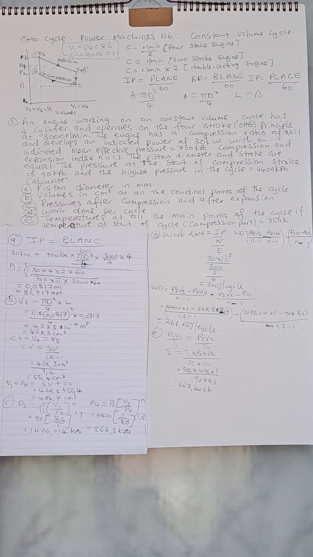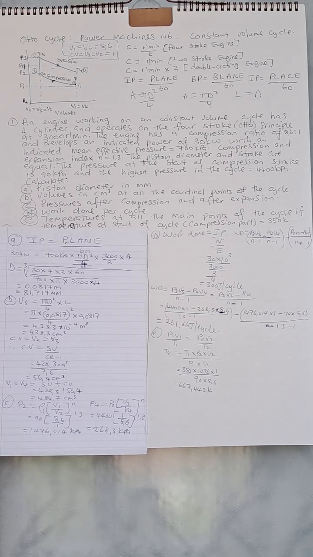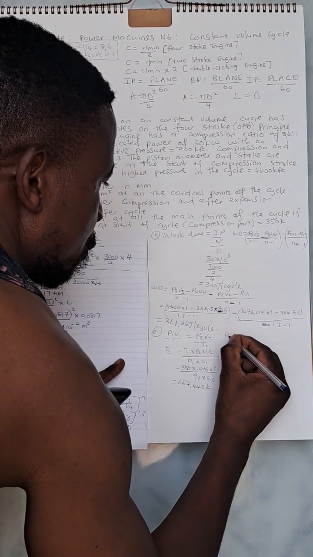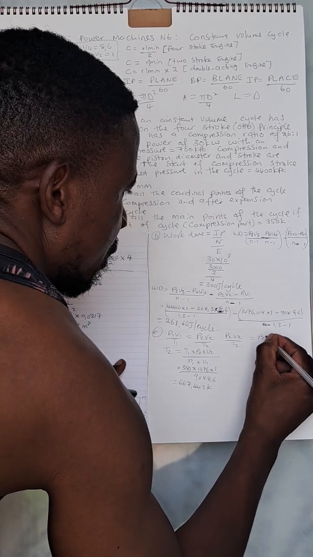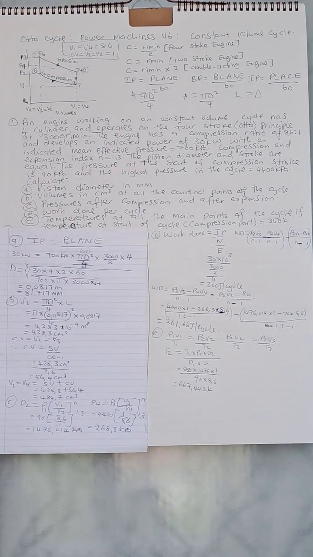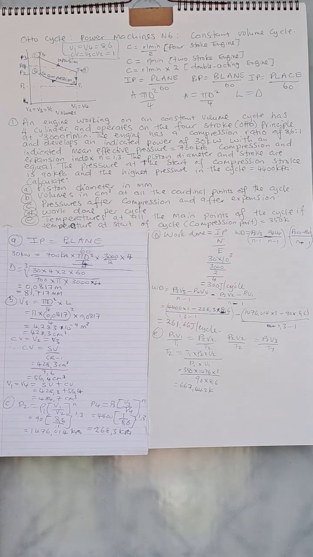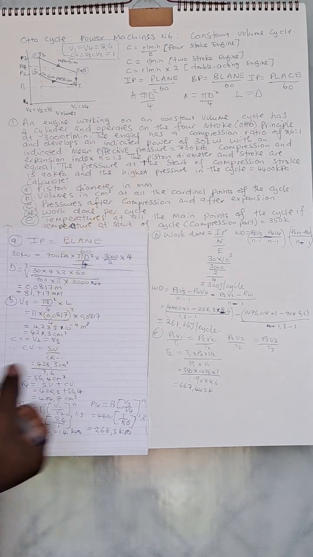Now let's go to our T3: P2 V2 over T2 equals P3 V3 over T3. But there's one thing you must remember. This is an Otto cycle, and we made it clear that V3 and V2 are the same.